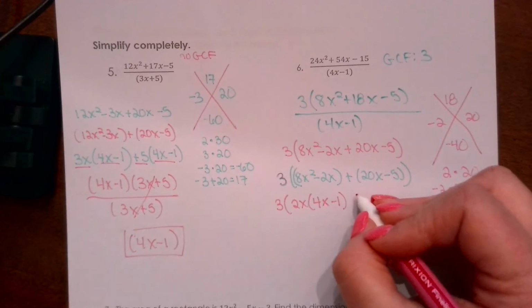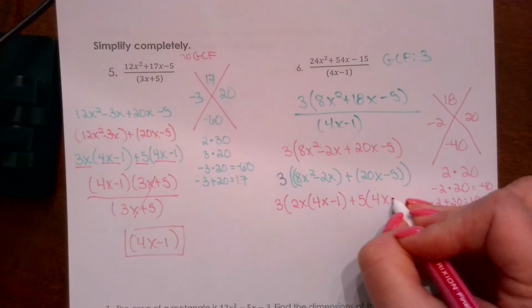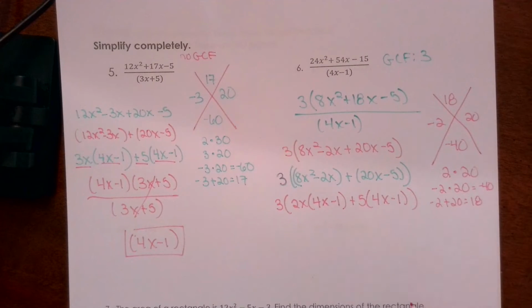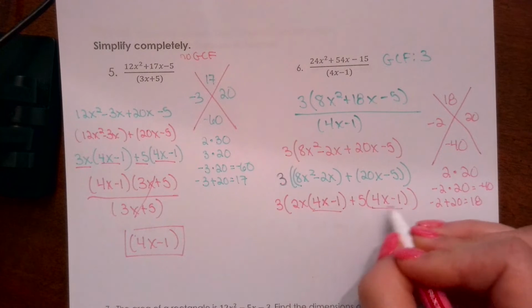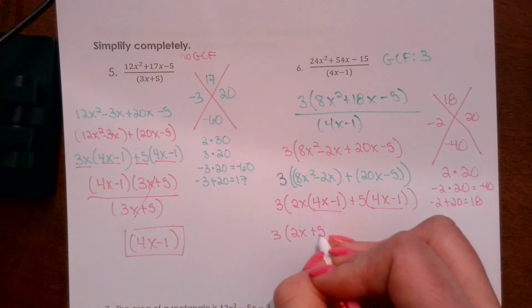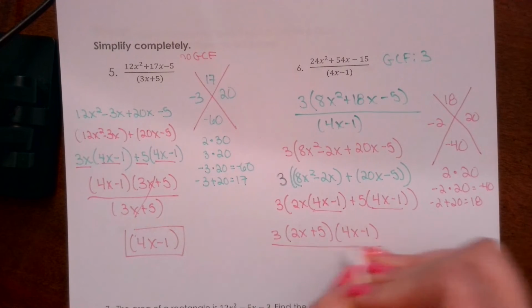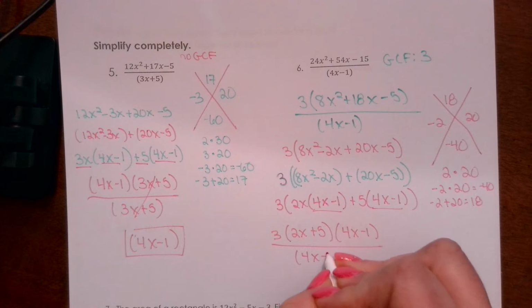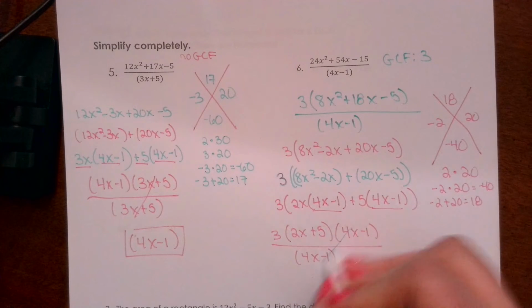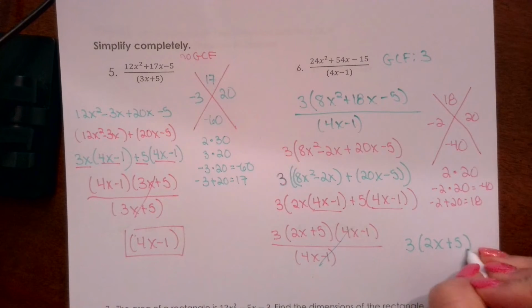I can take out a 5 here. 20 divided by 5 is 4x, and minus 1. Alrighty, looks great. So I've got 3 times 2x plus 5 times 4x minus 1 all over 4x minus 1. Cancels, and my answer is 3 times 2x plus 5.